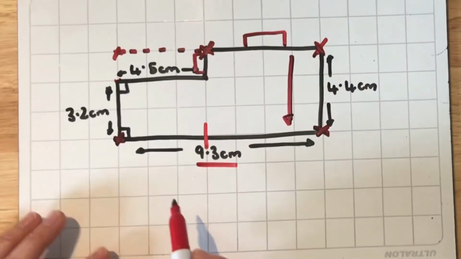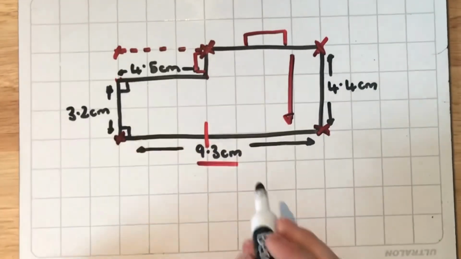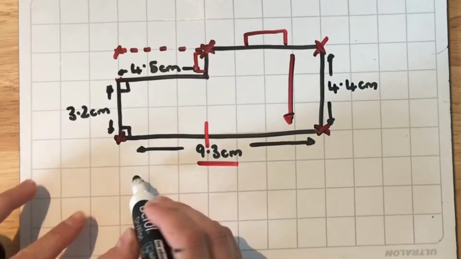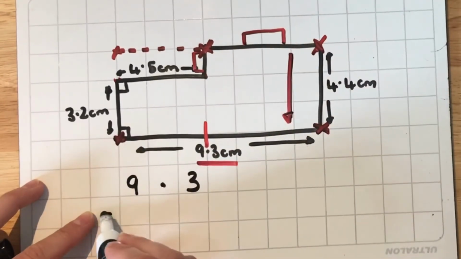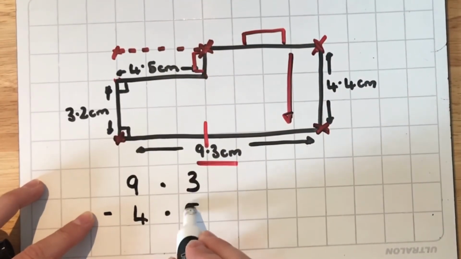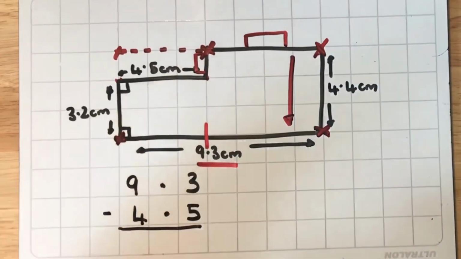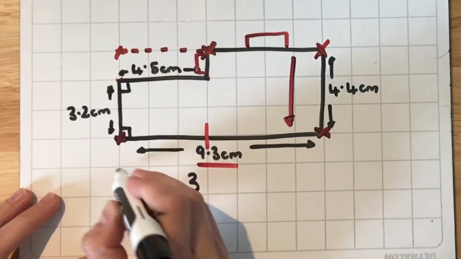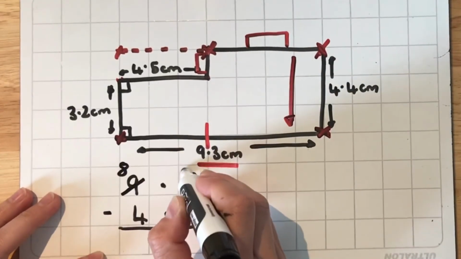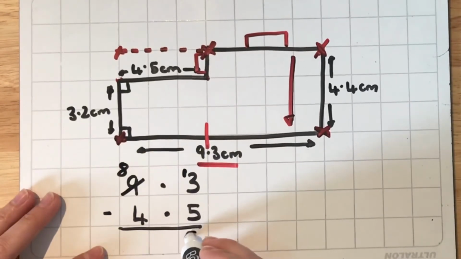So if we want to find the size of the missing measurement, what we're going to do is take the length of the full line, which is 9.3, and take away the length of the bit that we know here, and that should give us the length of the missing measurement. 3 take away 5 you can't do, so we're going to go to your units, leave you with 8 units, carry 1 unit over. 13 take away 5 is 8.